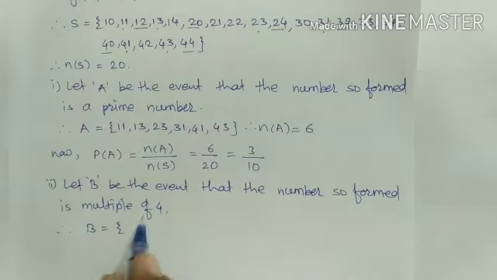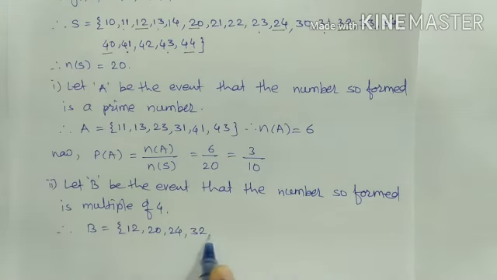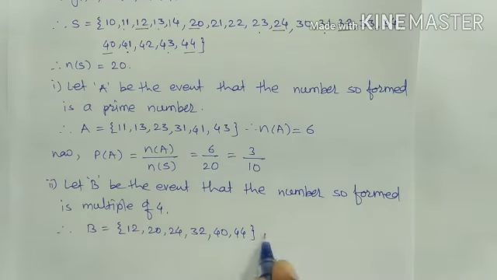Event B has the sample points 12, 20, 24, 32, 40 and 44, and therefore the number of B equals 1, 2, 3, 4, 5, 6. Therefore it equals 6.